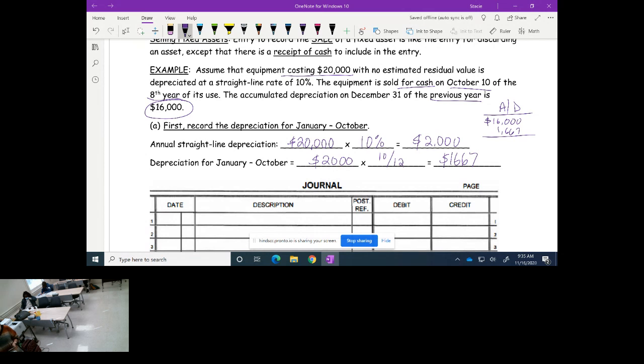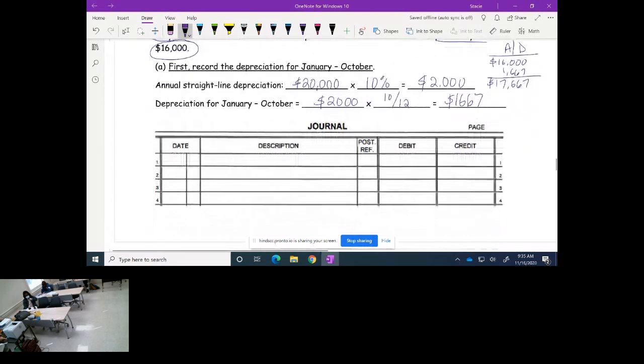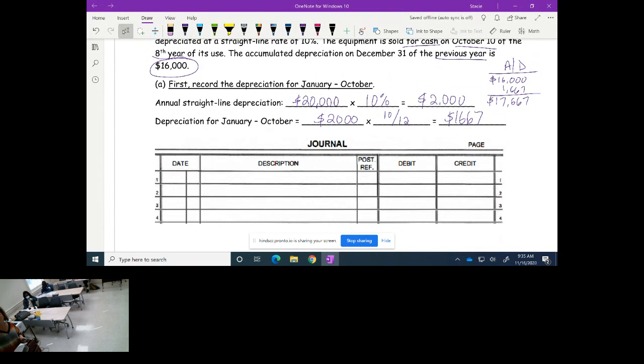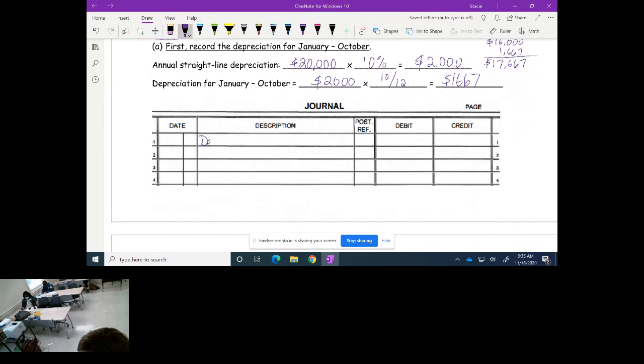So accumulated depreciation at the time of sale is 17,667. Does that make sense? We sold it for cash. So we've got to record the depreciation first. This is our first step. We've got to record this 1,667.